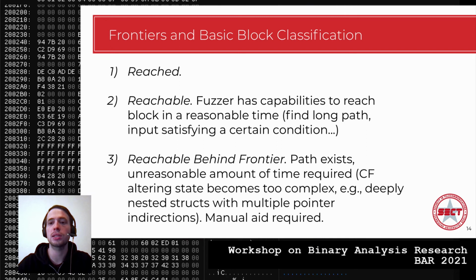Like if it is a compare with a string, but there's no compare logging and no compare splitting, it would be unable to solve it. And these are reachable behind frontiers. Here, manual aid is required. Inside JMPscare, we can either patch it directly in Binary Ninja, or we would go and fix the harness.